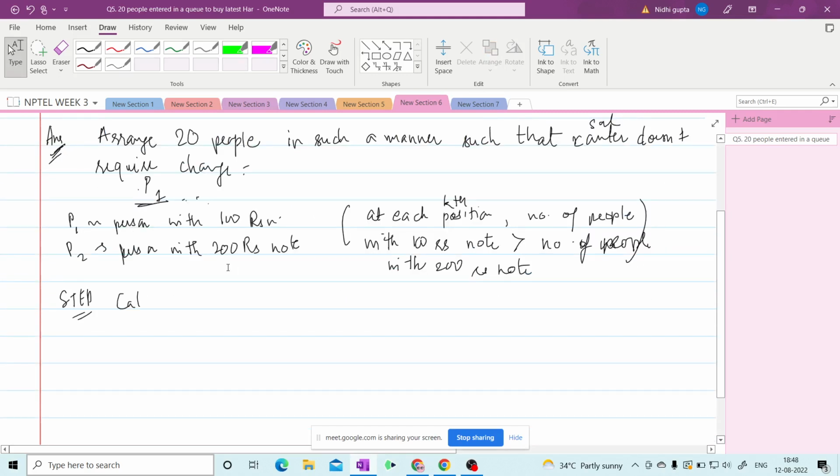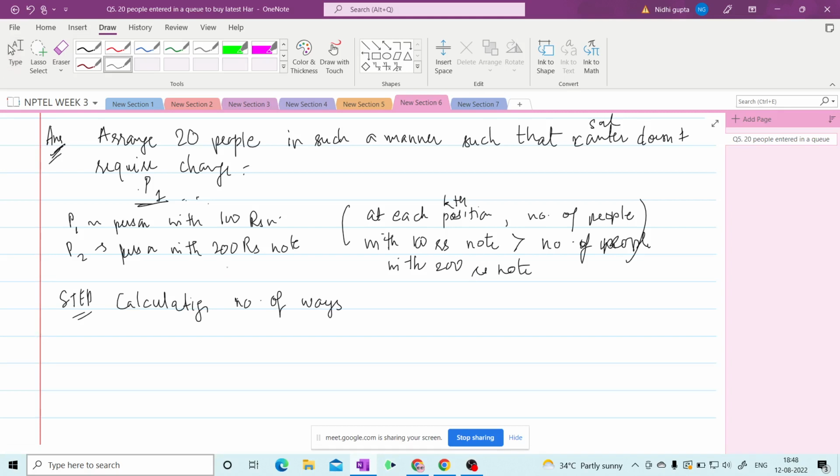we are calculating the number of ways in which we can fix positions for people of type 1 and people of type 2.